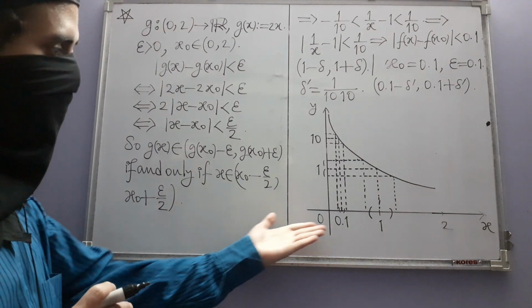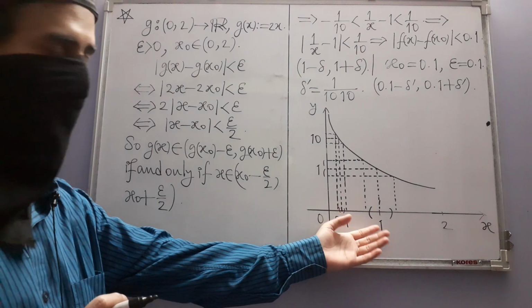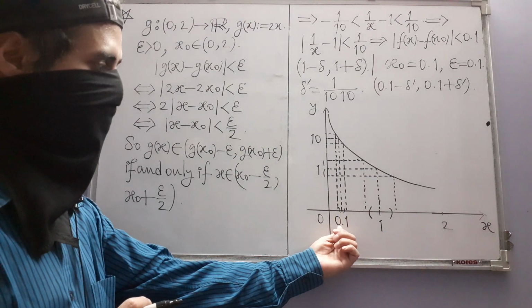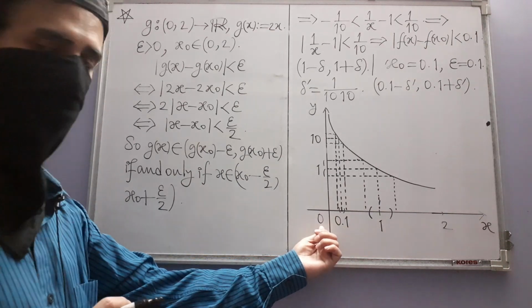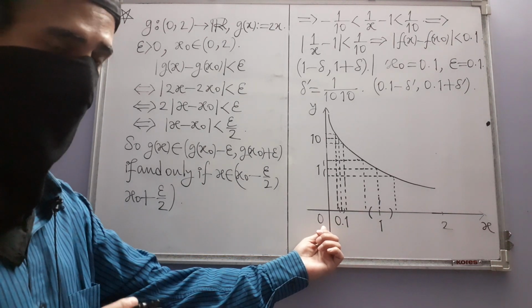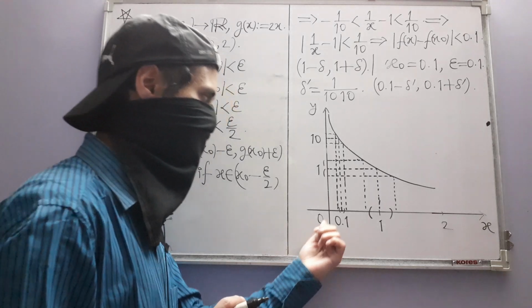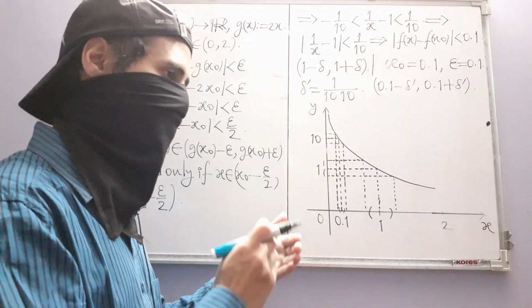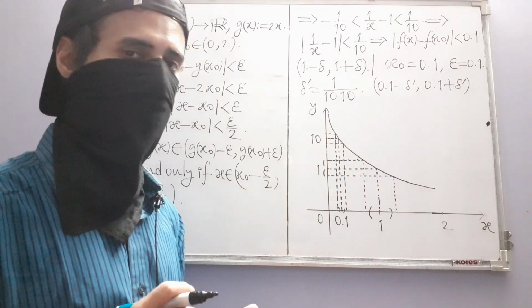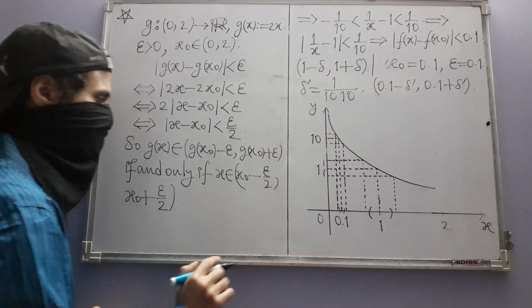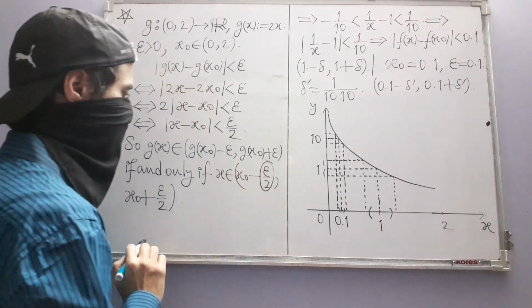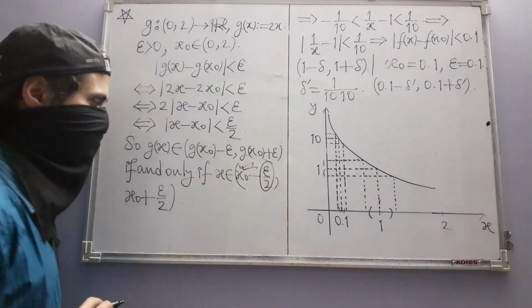It's not a situation like this where the position of x naught matters, and if the situation gets even worse, then you have to choose ever decreasing deltas, smaller and smaller deltas. That's not the case here. This delta works for every x naught.